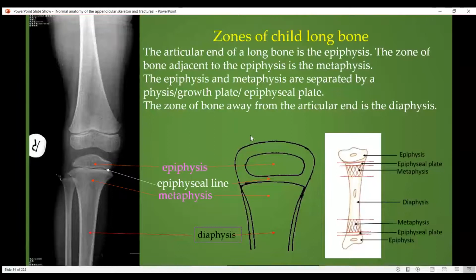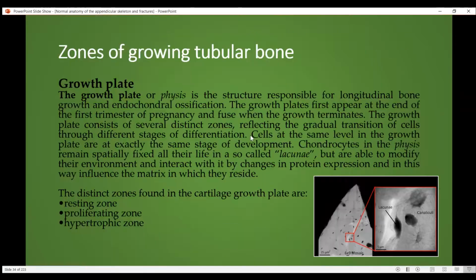Remember, it is a type of classification used to assess fractures related to the epiphyseal cartilage and epiphyseal plate of a growing tubular bone, or you can say it is used in children. So one should be aware of these zones.